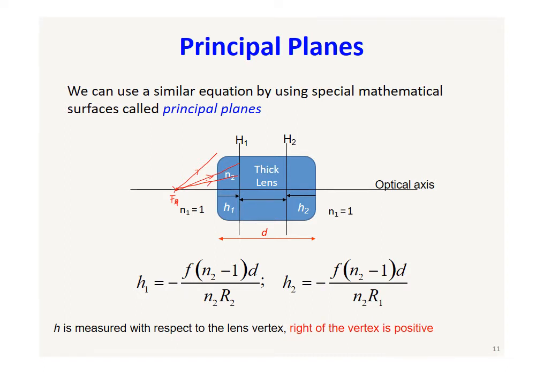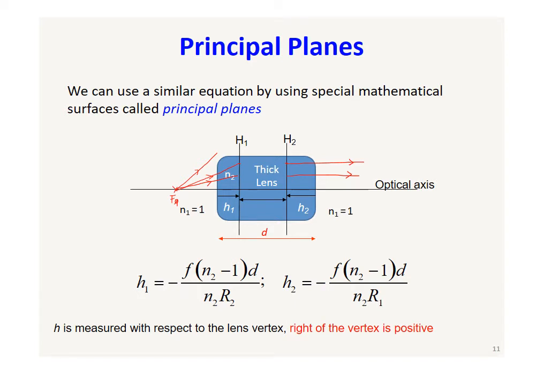Then we hop from that intersection with the first principal plane to the second principal plane, and we say, because our light is coming from the primary focal point, everything out here is going to be propagating parallel with the optical axis.